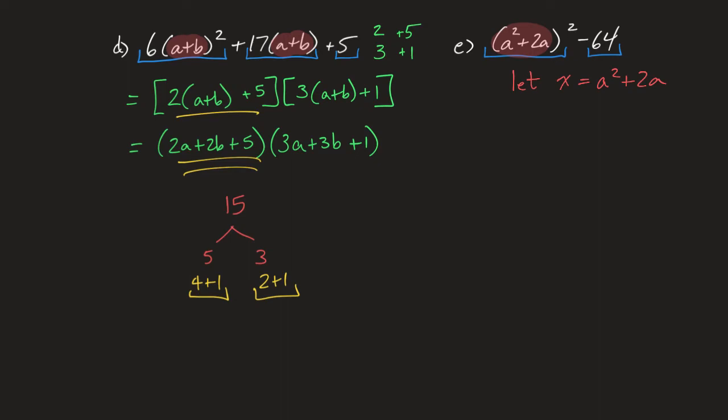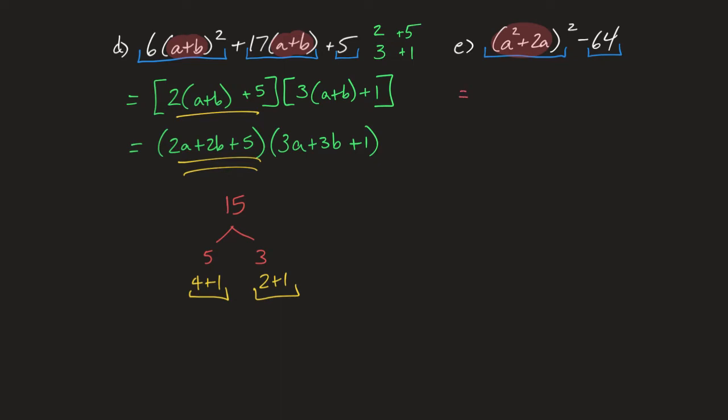If I did that, then x squared minus 64 should be screaming at us as a difference of squares. But I'm not going to go through that same process because we're a little bit better than what we were 5 minutes ago.